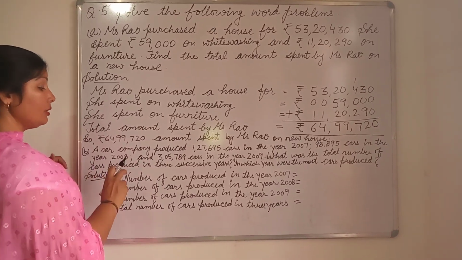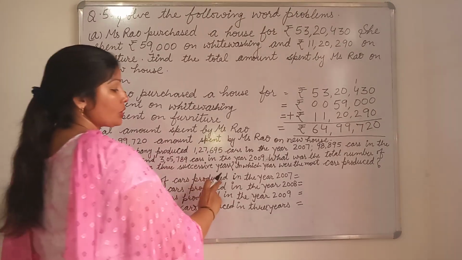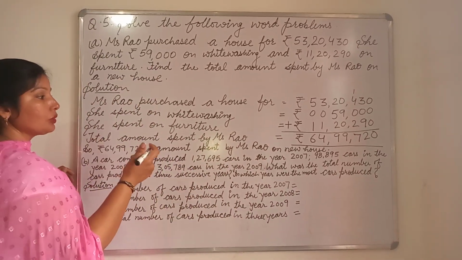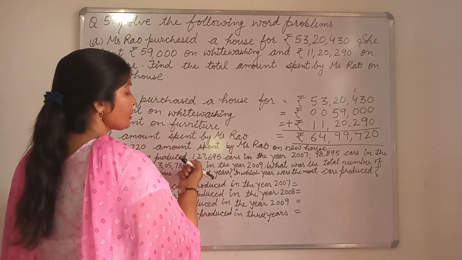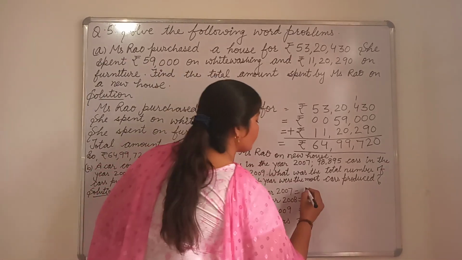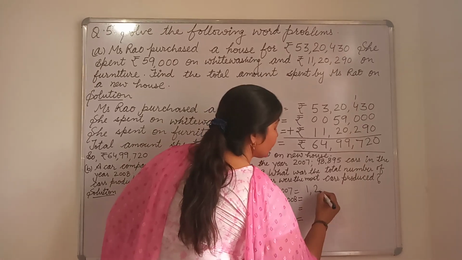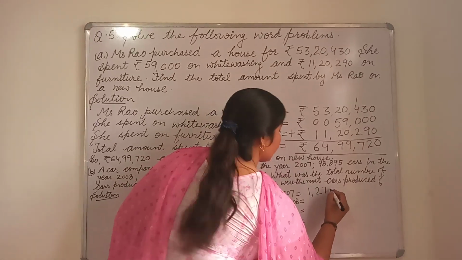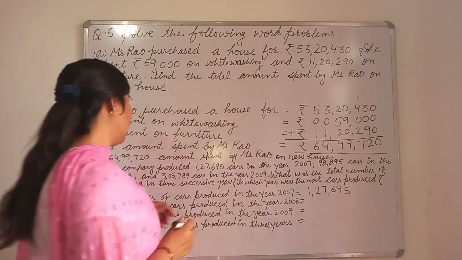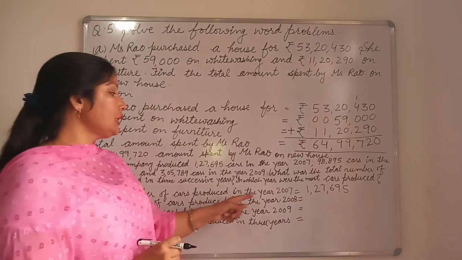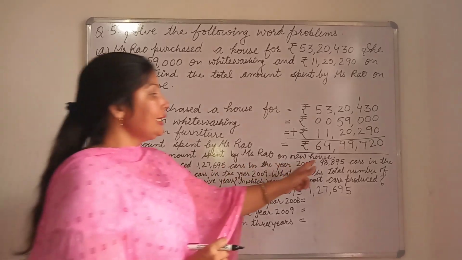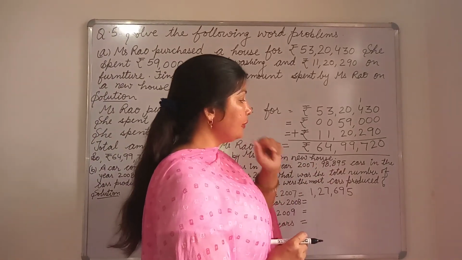So now we should start our solution. First sentence is there. Number of cars produced in the year 2007. So how many cars produced in 2007? 1,27,695. Then next, number of cars produced in the year 2008. So in 2008, how many cars? 98,895.